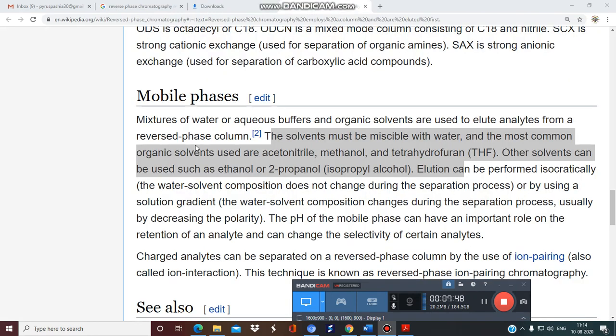Examples of mobile phases in case of reverse phase chromatography are acetonitrile, THF, ethanol, or 2-propanol. So these are all somewhat polar mobile phases that we use in reverse phase chromatography.